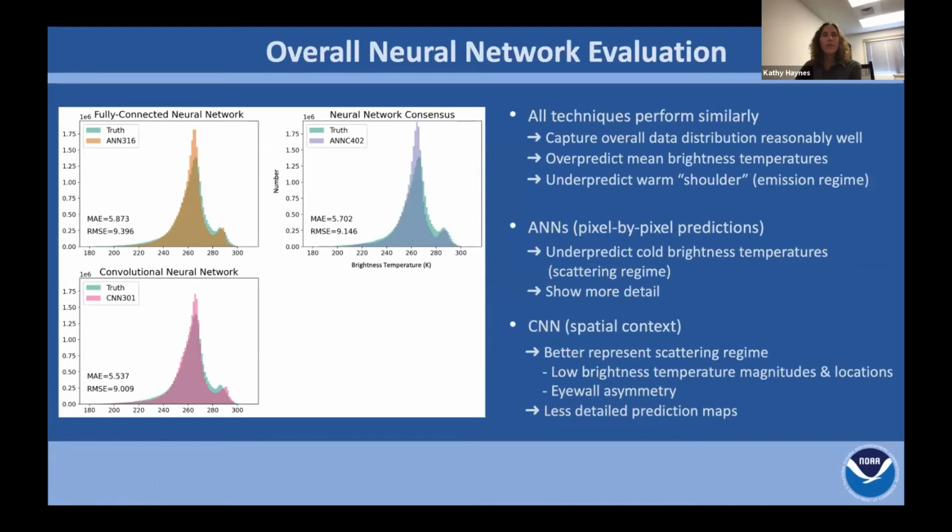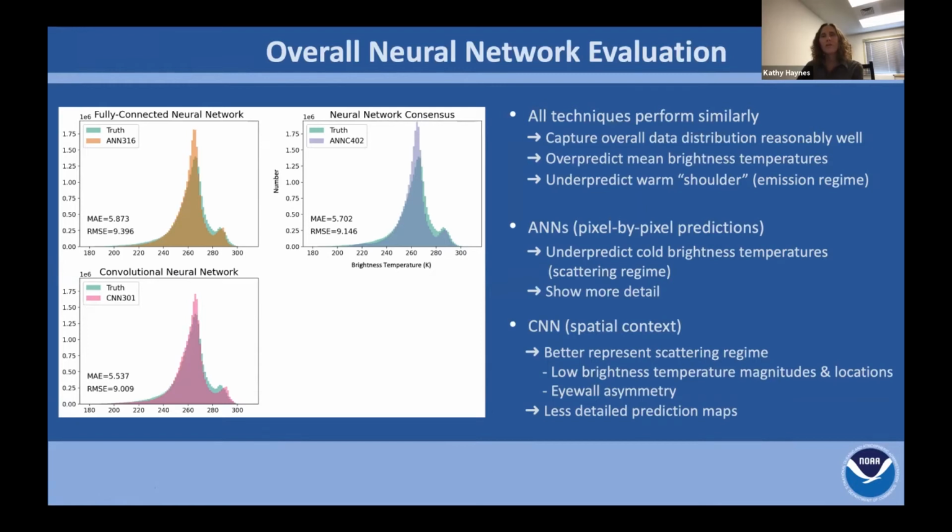So finally, if we move into our overall evaluation, what is shown here are histograms across the entire test data set. The truth is shown in green in each of these plots, and so it remains the same. Each of the colors shows the results from the models that we tested. The top line shows you the results from the fully connected neural networks, and the bottom panel shows you the convolutional neural network results.